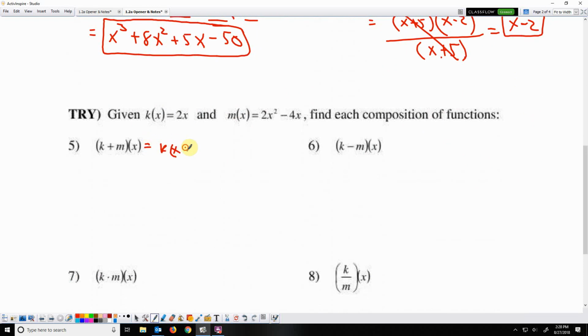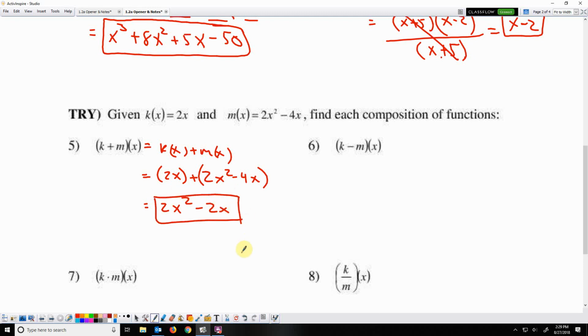So k of x plus m of x. I'm just looking to combine like terms. I've got 2x squared and then 2x minus 4x. k of x minus m of x, and here again is where these parentheses are really going to matter.